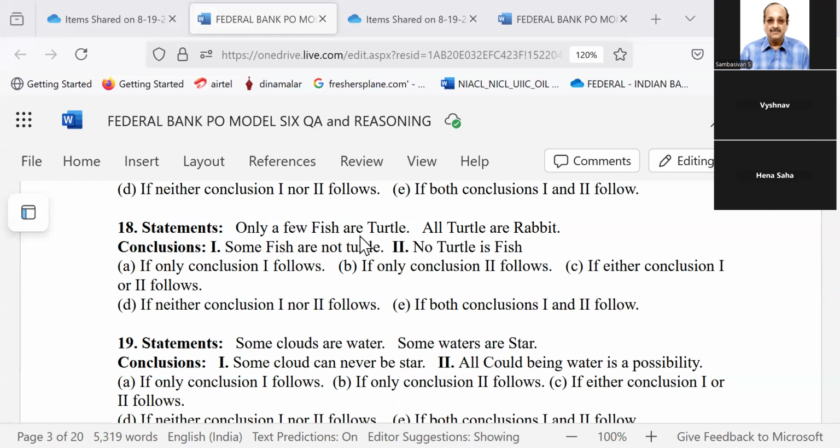Syllogism, government adda, syllogism, latest pattern. Syllogism rule. There is one syllogism rule.